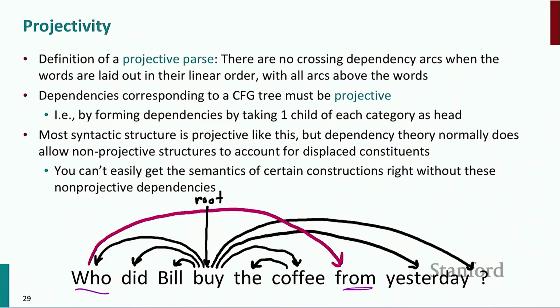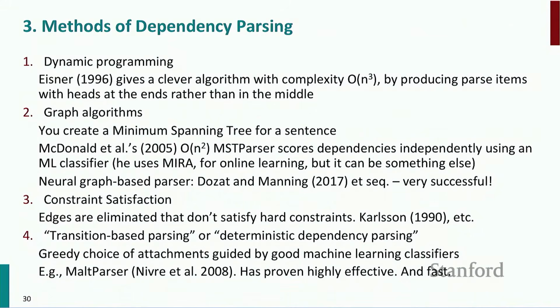Okay, so there are various ways that people do dependency parsing. People have done it by dynamic programming. People have done it using graph algorithms. If I have enough time at the end, I might mention that again. People have done it with constraint satisfaction methods, if you saw those in CS221.